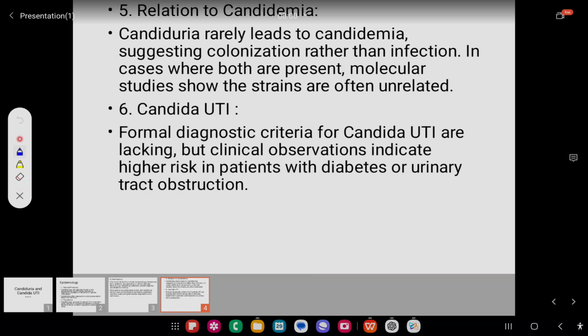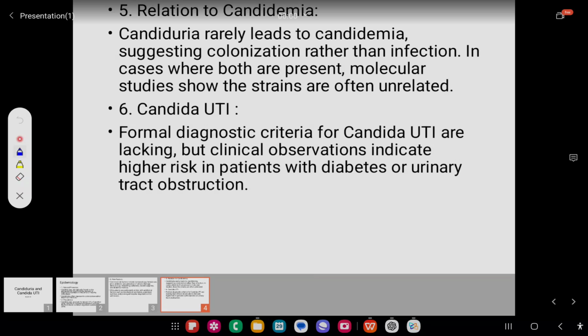In cases when a patient is having both candidemia and candiduria, the molecular studies have shown that the strains identified in blood and in urine are totally different. So what does it mean?